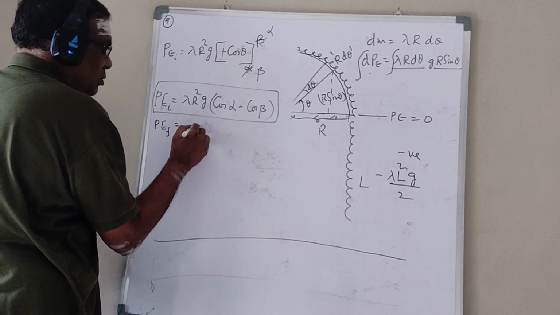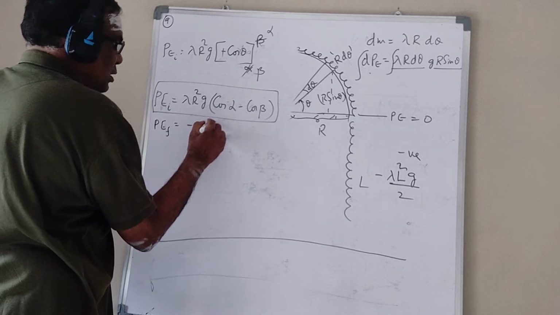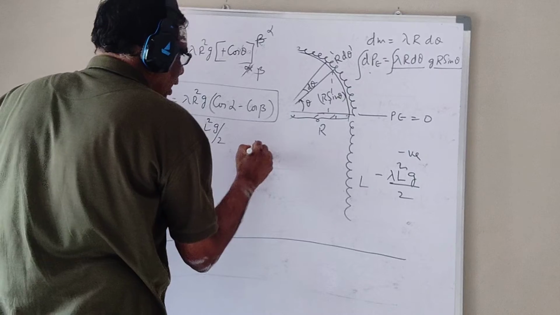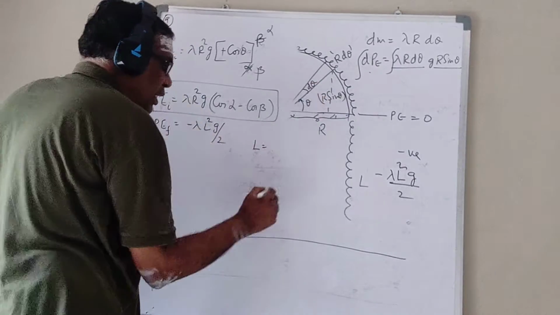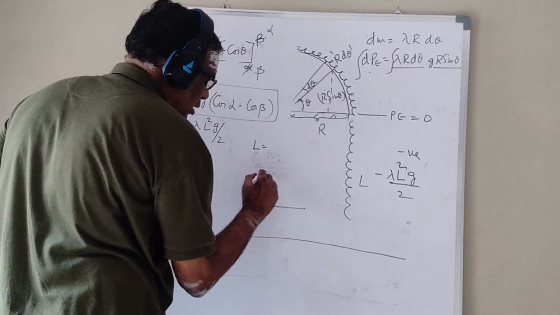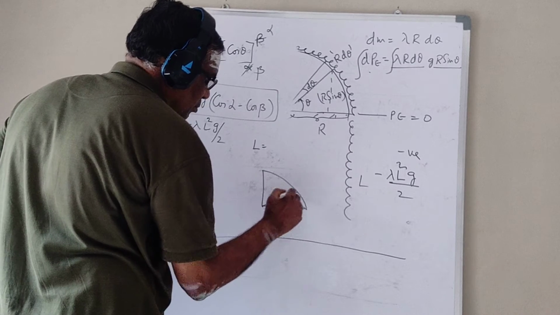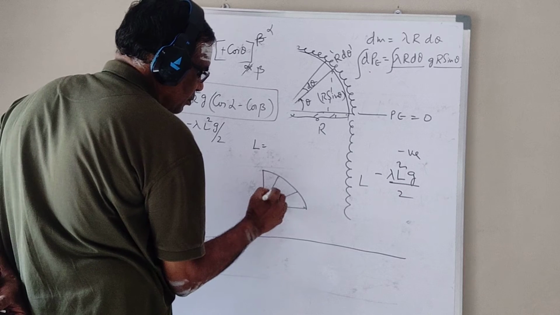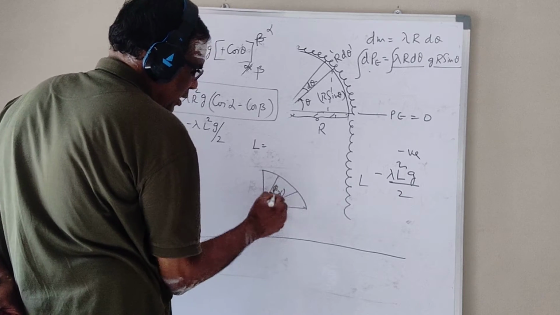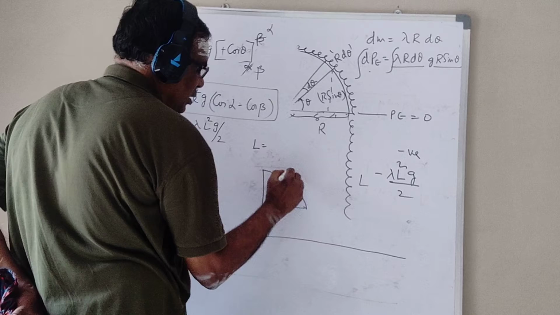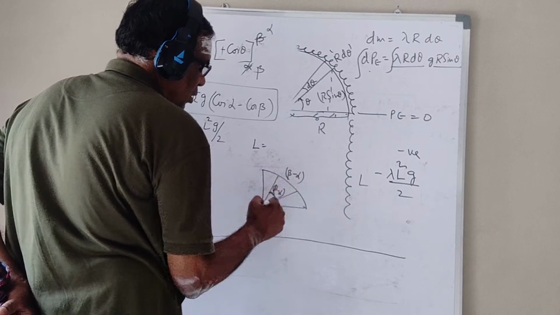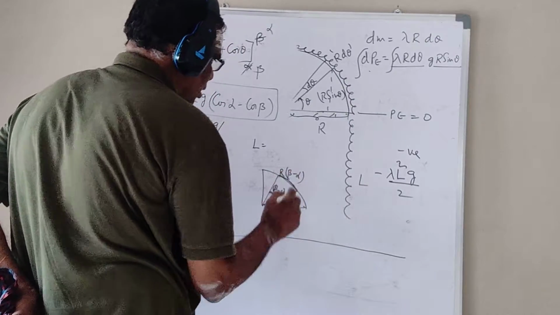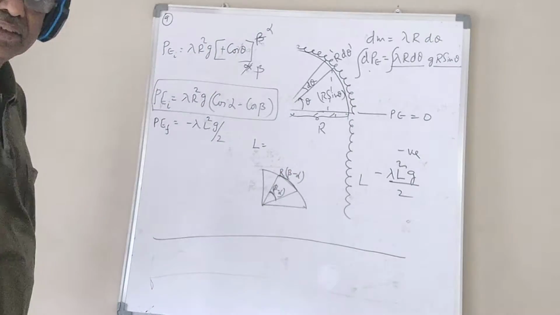P final is minus lambda L square g by 2. But what is L? I have shown you here, what is this length? The angle is beta minus alpha. So, R into beta minus alpha is the length.